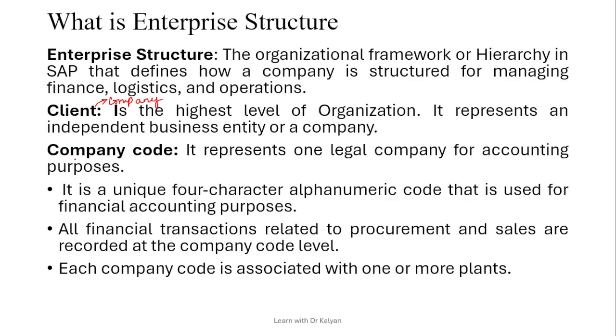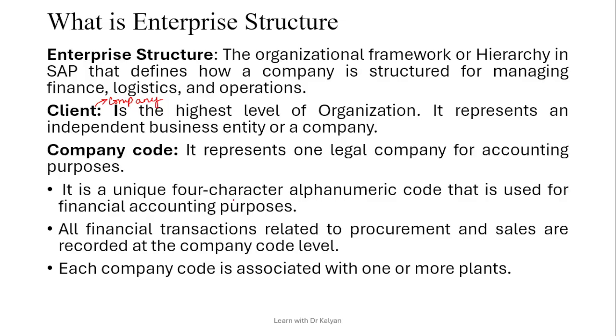Next, let us understand what a company code is. Company code represents one legal company for accounting purposes. The company code comes under whom? Client. So what is the job of this company code? It represents one legal company for accounting purposes. Usually in SAP, it is represented by four characters.